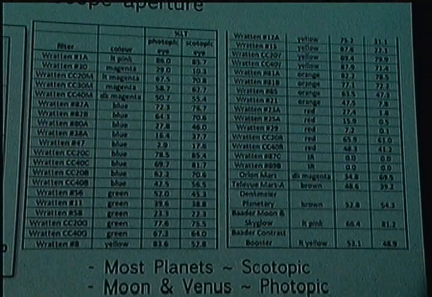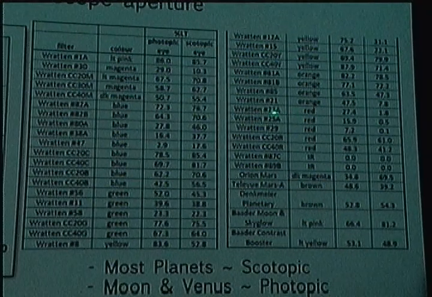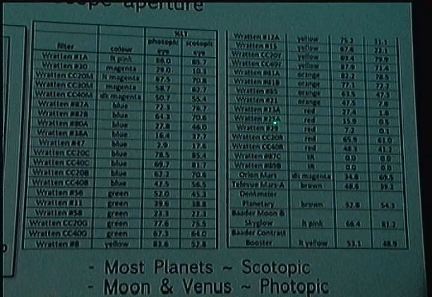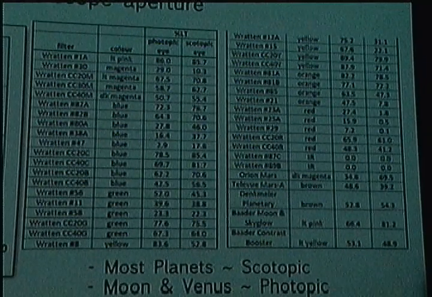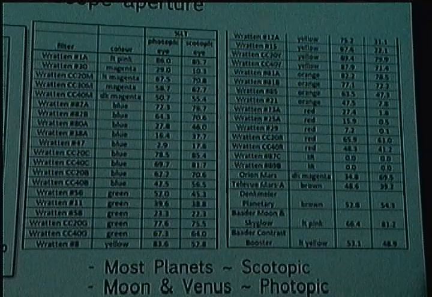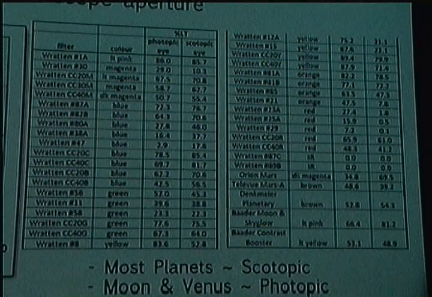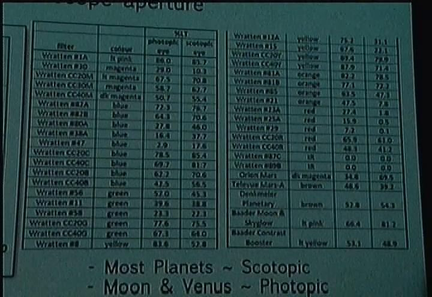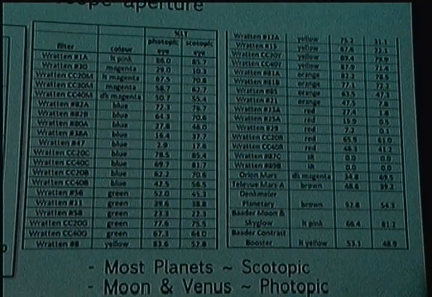So if we take as an example, the number 23A red, this is a light red filter. And if we were going to look at something that's fairly bright, like say the moon or Venus, most likely our eyes are going to be light adapted when we're looking at the moon or Venus because they're so bright.